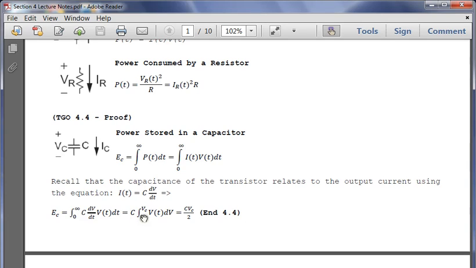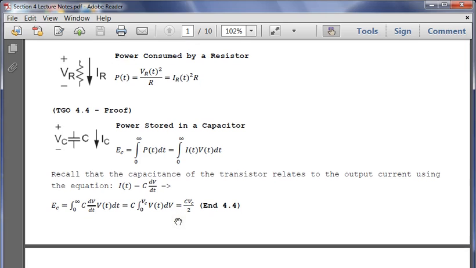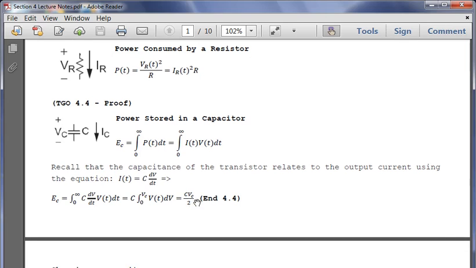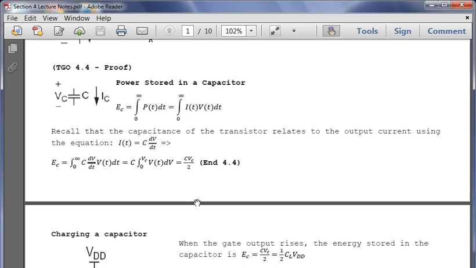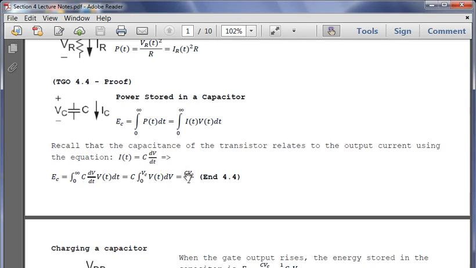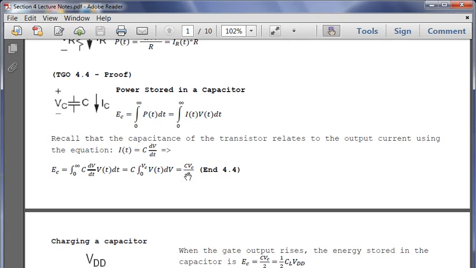So now the integral from 0 to the voltage of the capacitor becomes C V squared over 2.